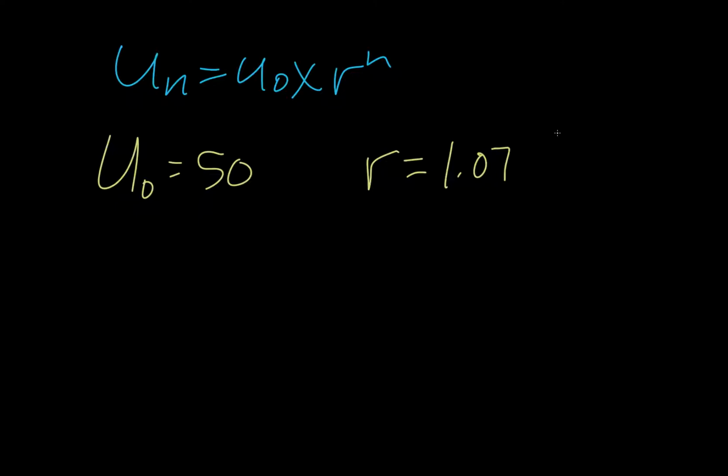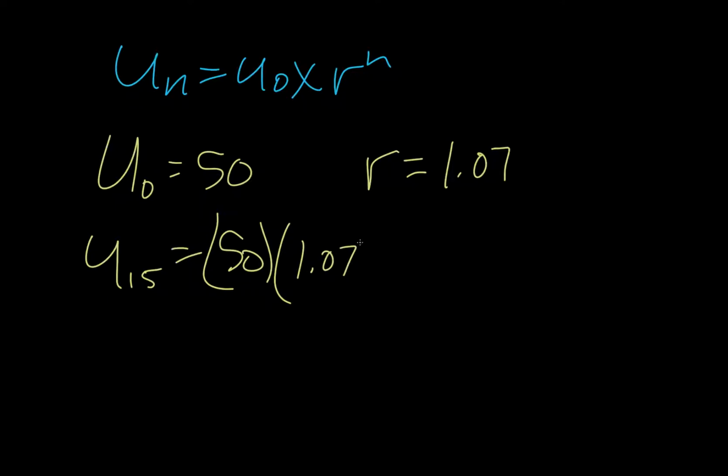Now, it says how many rabbits were present after 15 weeks. So 15 is going to be our n value. So we're going to say U sub 15 equals the initial amount, which is 50, multiplied by the rate, raised to 15.